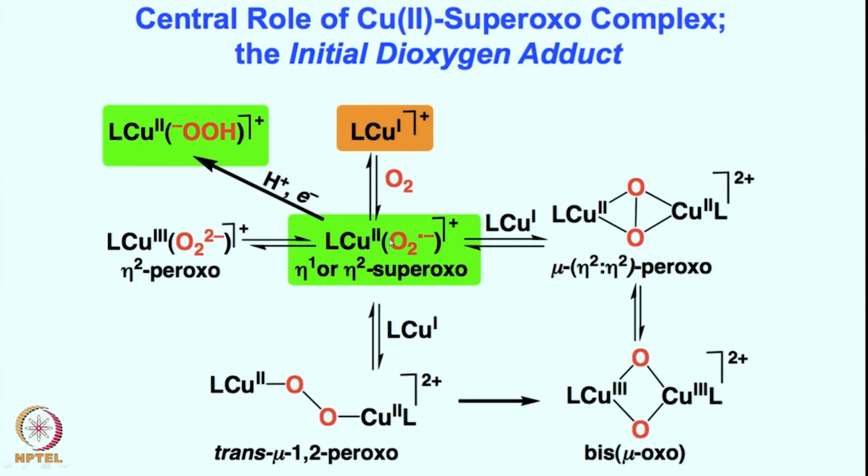It reacts with oxygen to give the superoxo intermediate, and subsequently a proton and electron transfer to this intermediate gives rise to the hydroperoxide species. It is the combination of H dot, and alternatively this can react with another equivalent of copper 1 to give an end on bound peroxide if the ligand is the tetradentate ligand.